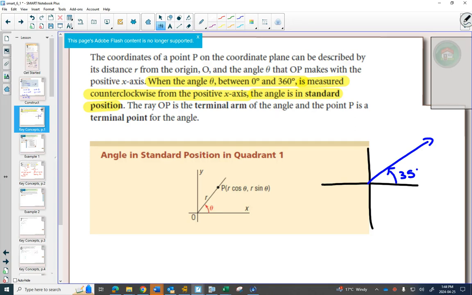Later, we're going to find out that negative angles also start at the positive x-axis. They just go in the clockwise direction. So an angle in standard position has to start from the positive x-axis. That's really important. So if someone's talking about an angle of 90 degrees in standard position, you would know it started here and went 90 degrees straight up and down.